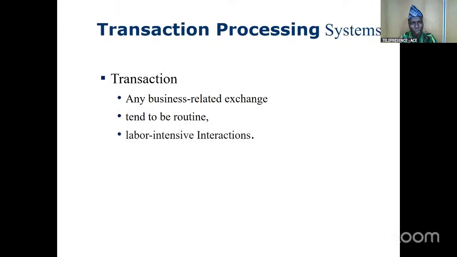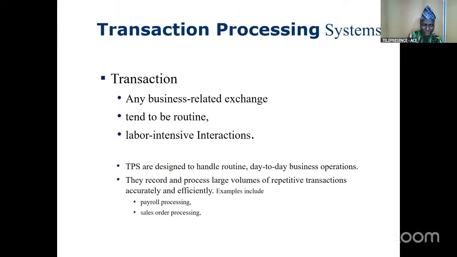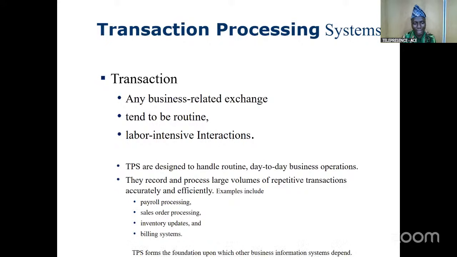Now, the first one, which is the transaction processing system, is designed, as I've said before, to handle daily business routine, daily business operation. They record and process large volumes of repetitive transactions accurately and efficiently.